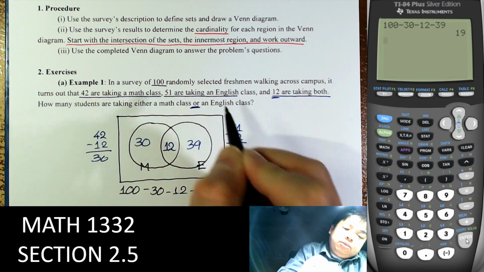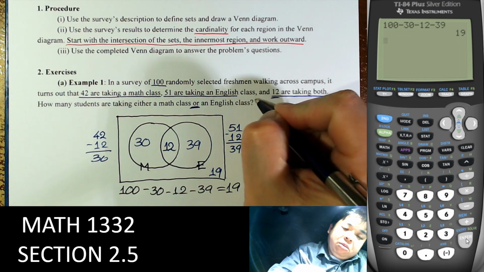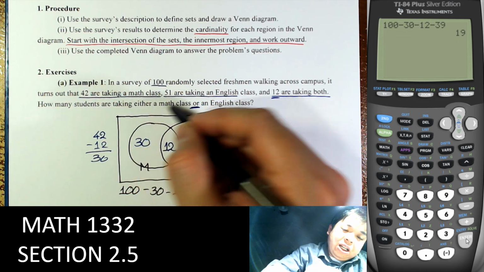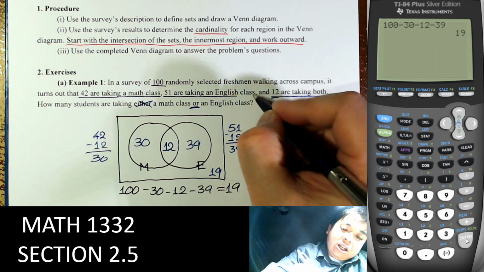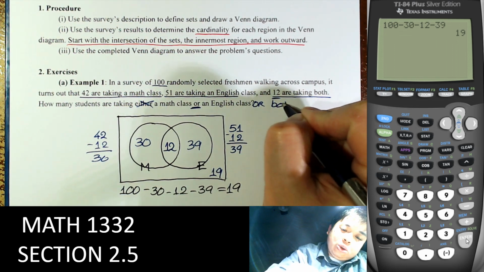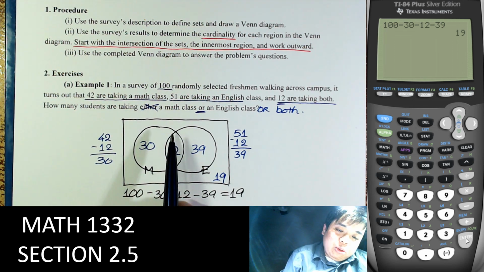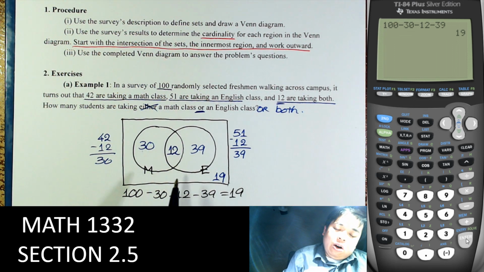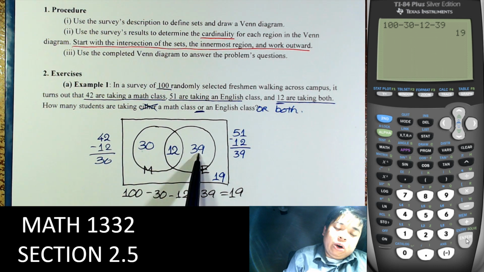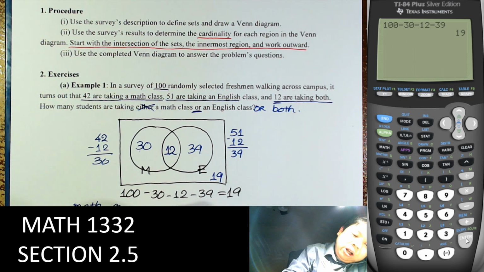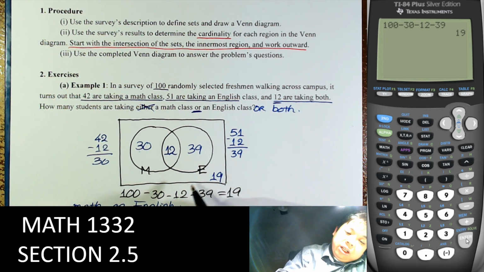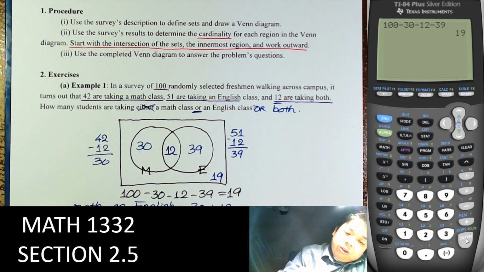So let's specify that when we say either math class or English class, we mean or both, just to make it easier to understand. So in that case we have 30, 12, or 39. So a math class or English class or both. That would be 30 plus 12 plus 39.